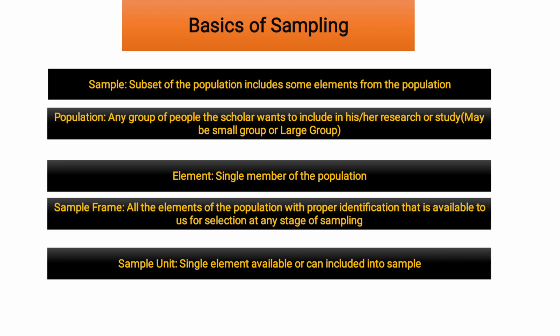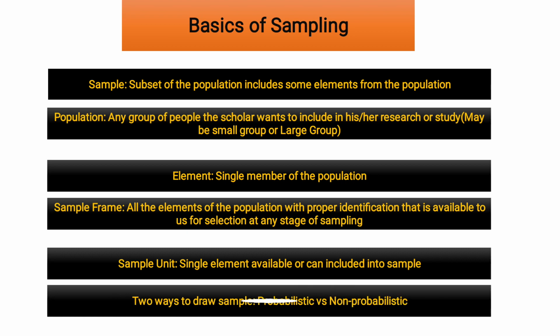When you include that particular element in your sample because you want to create a subset of the IT employees, then that element is now called a sample unit. This is very important. As a scholar, you need to know the difference between sample unit and element.